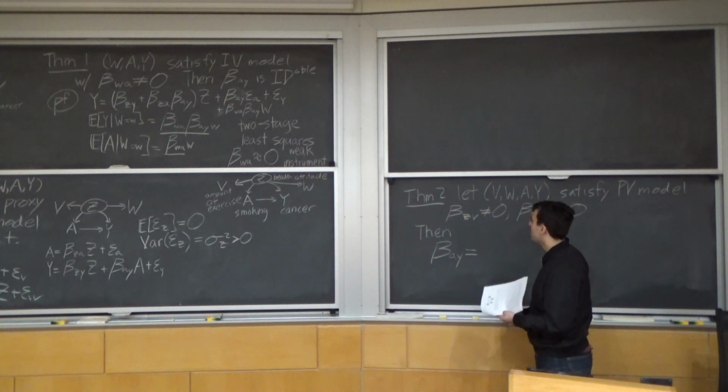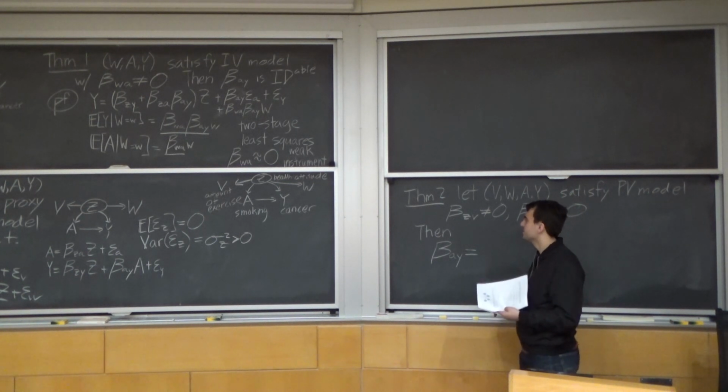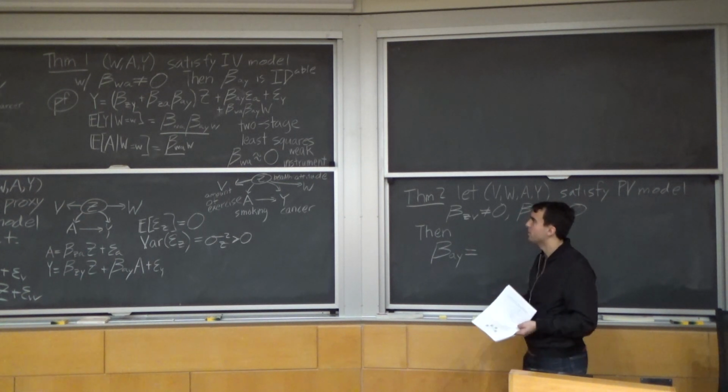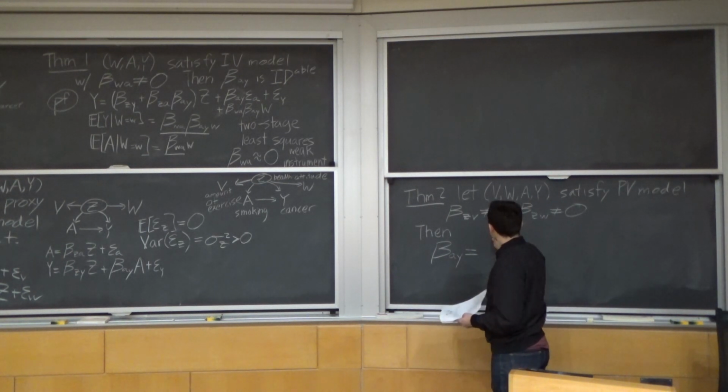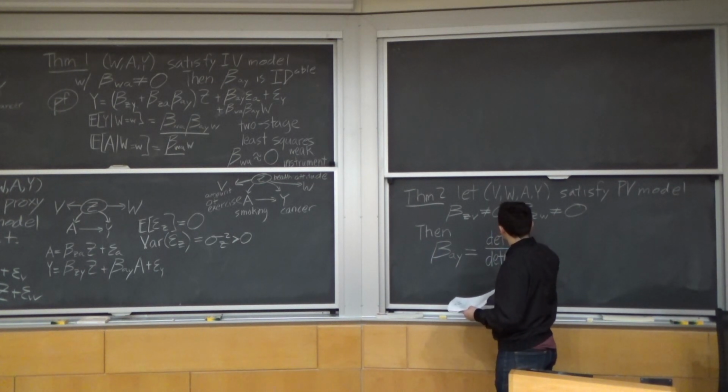The way that I prefer, because it makes the connections to some other literature on identification in linear models a little bit more clear, is to write this as a ratio of determinants of the covariance matrix.